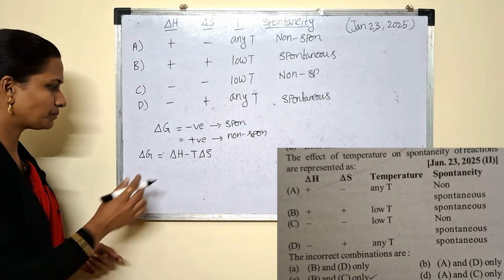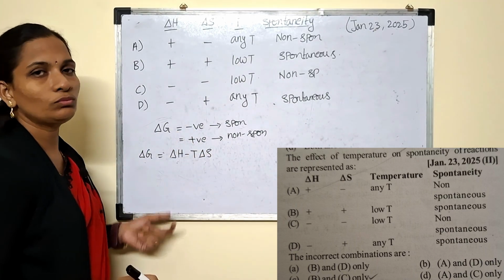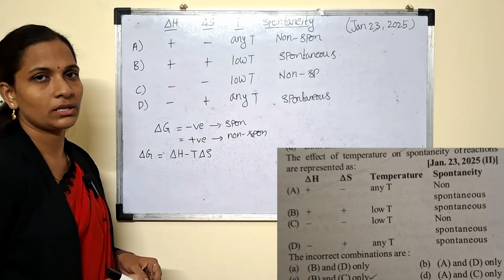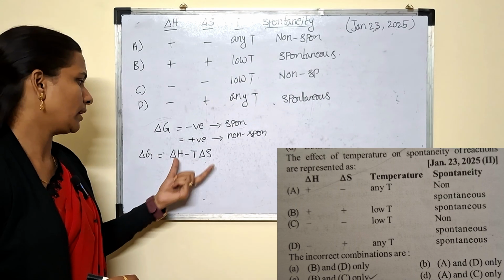If delta G is negative, then it is a spontaneous reaction. If delta G is positive, then it is a non-spontaneous reaction.